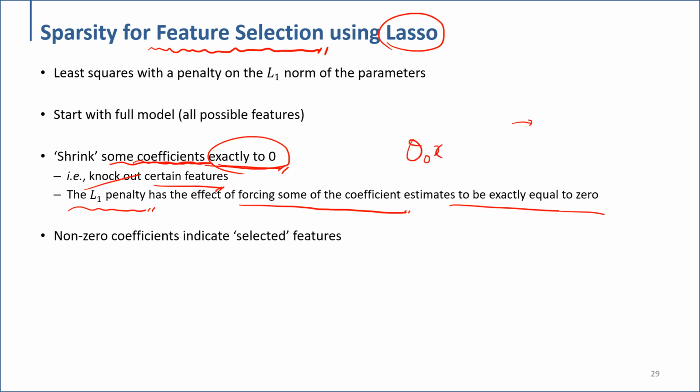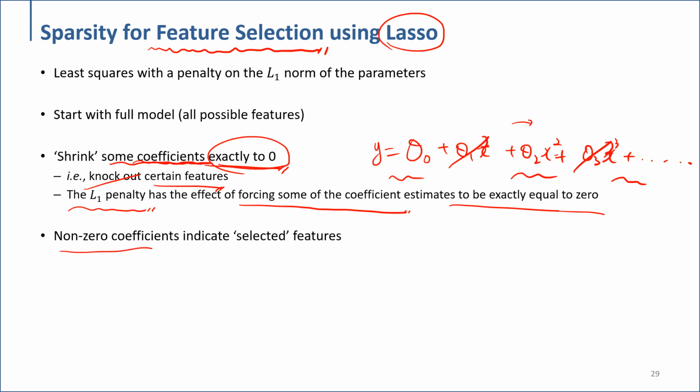For example, in the polynomial case, theta 2 x squared, theta 3 x, and by resulting in some zero values, you have a less representative function. So that's how to avoid the overfitting problem when you use lasso.